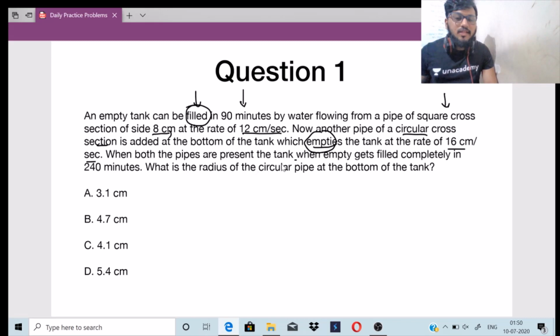When the tank is empty and both the pipes are present, it gets filled completely in 240 minutes. So if it is getting filled completely in 240 minutes, what is the radius of the circular pipe which is emptying the tank? You have four options here.